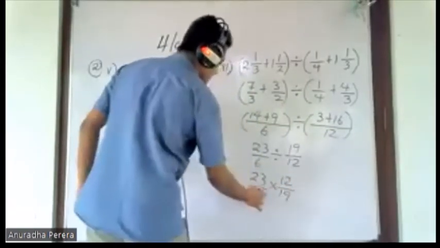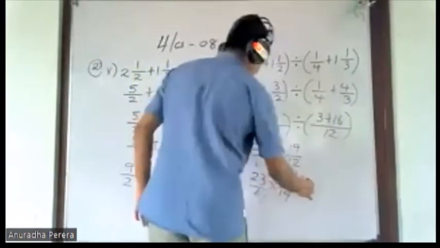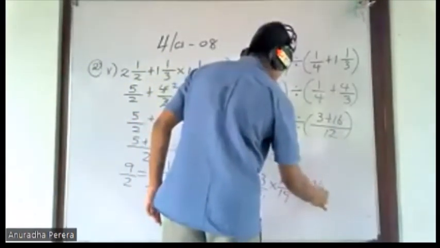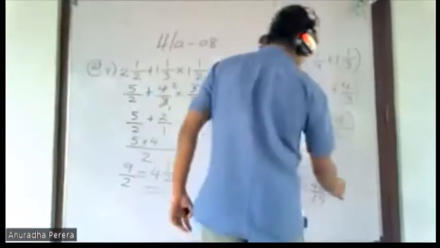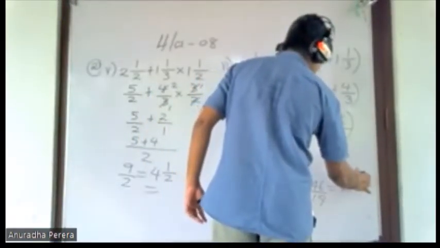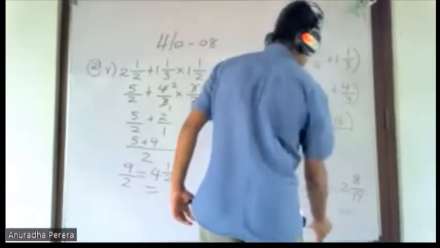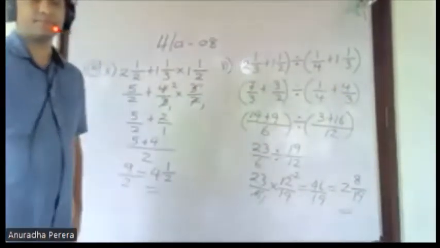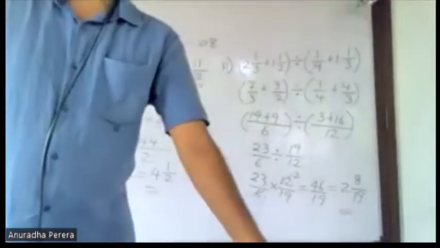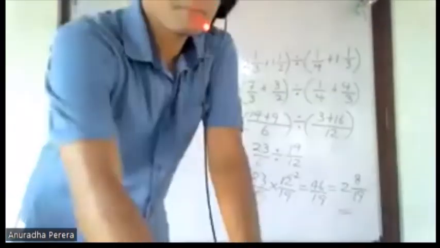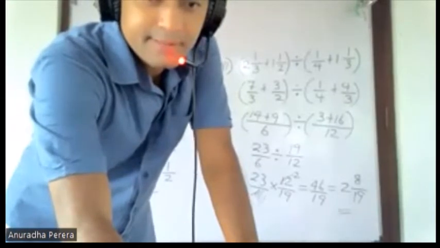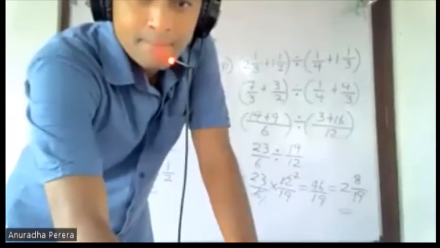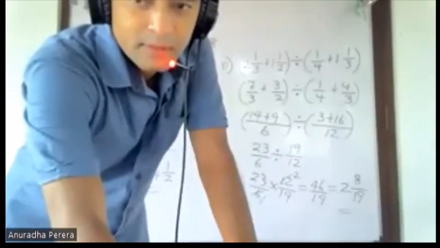Divide by 6, 1, 2. 46/19. The answer is 2 8/19. Have you got the answer? Yes, sir. Right.